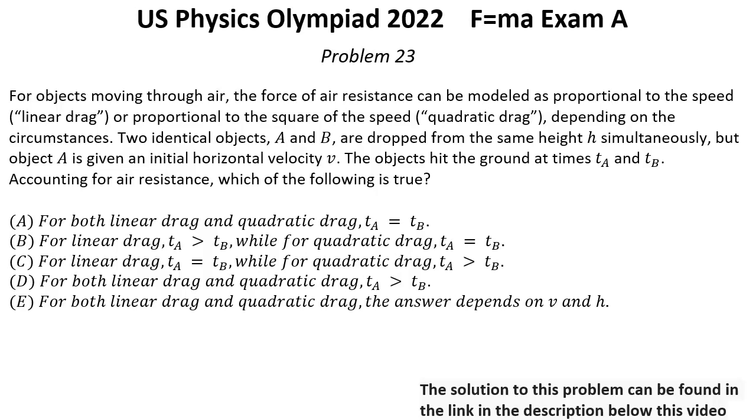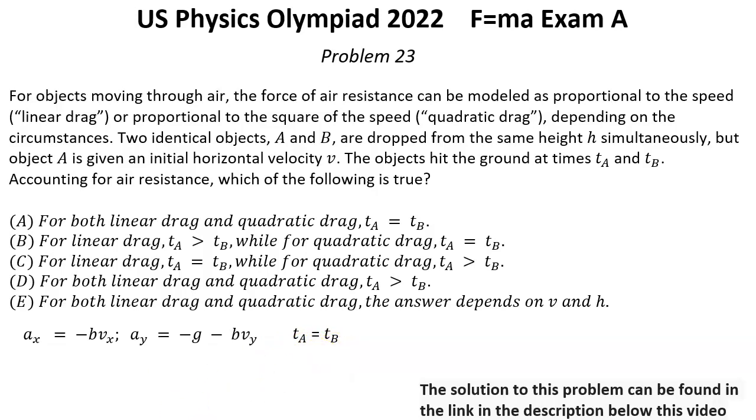Solution for problem number 23. For linear drag, the horizontal and vertical components of the motion are completely independent. So we have ax equals negative b vx and ay equals negative g minus b vy. So it means that for both cases we have the same vertical equation, and it means that ta equals tb.